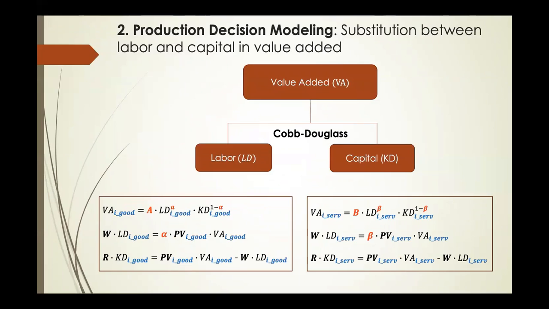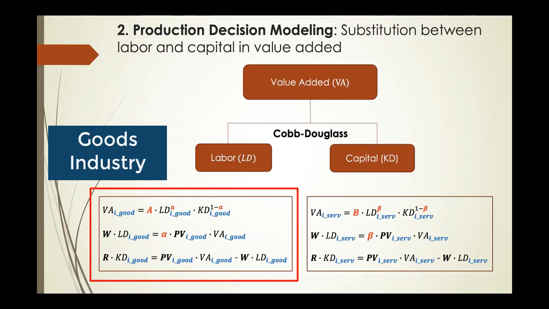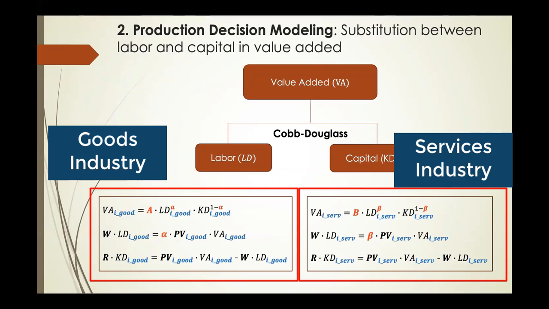The mathematical expressions at the bottom specify the substitutions between labor and capital factors in the value added of good industries on the left and the value added of service industry on the right.